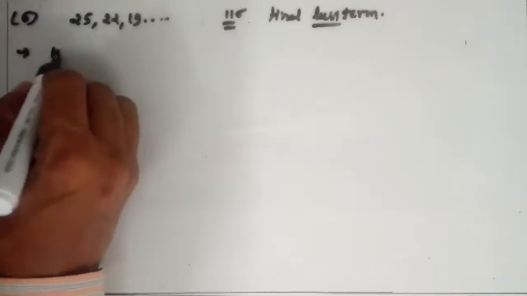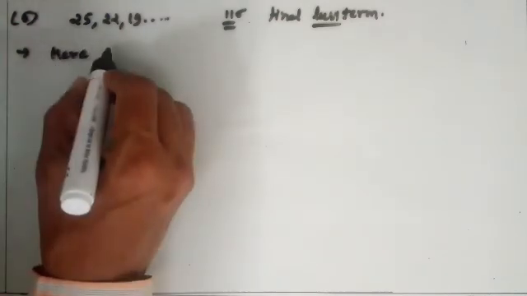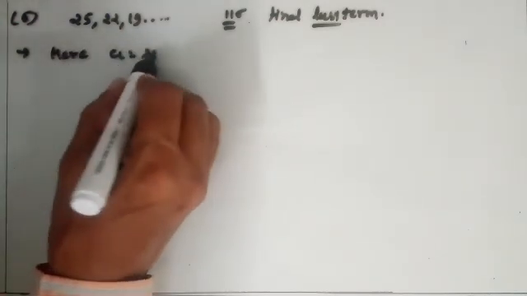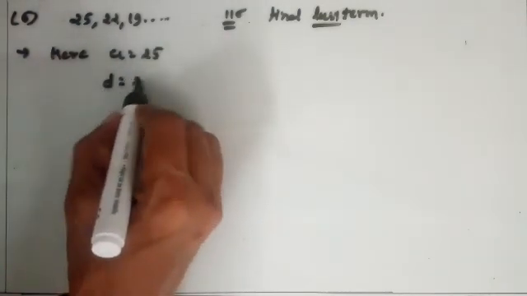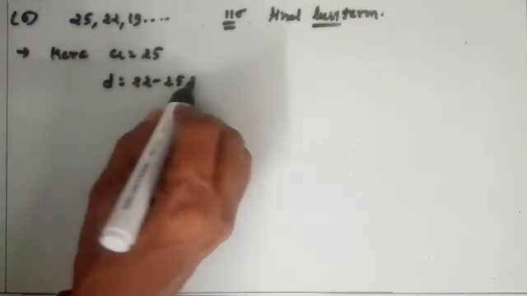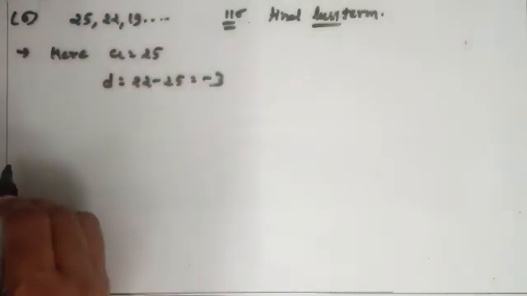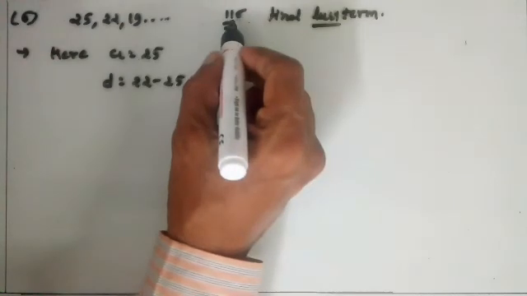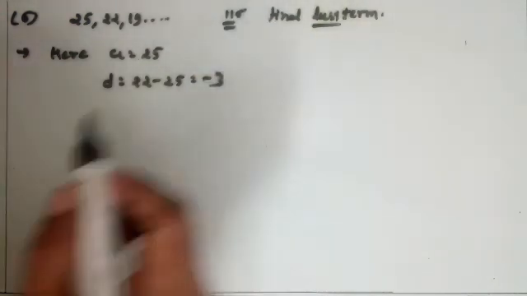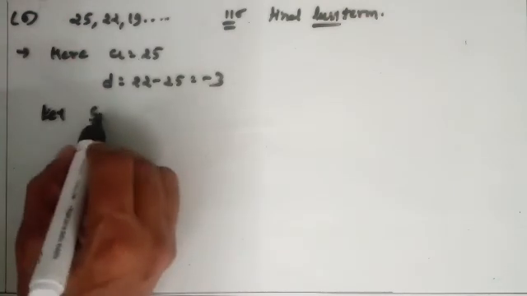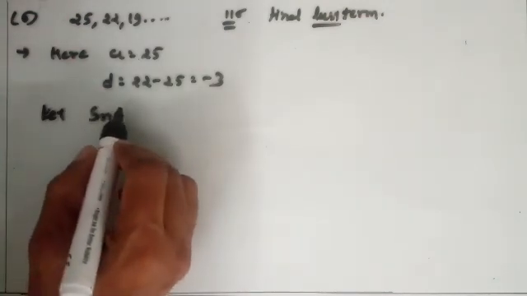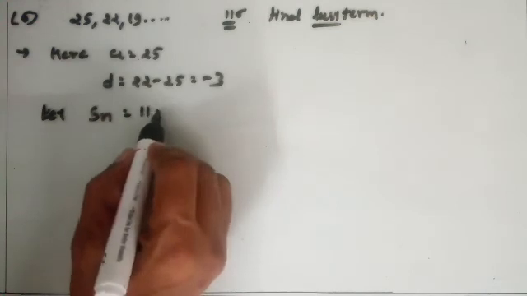Here, for the given AP, A is equal to the first term, 25. Common difference D is equal to 22 minus 25, which is minus 3. Clear? Here we want to get the sum of n terms equal to 116. Let the sum of n terms be equal to 116.